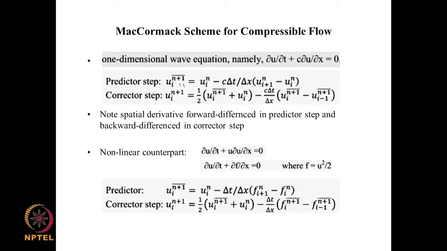Now, the value obtained by this is corrected in the next step as u_i^(n+1) equal to half of u_i^(n+1) bar plus u_i^n minus c delta t by delta x times (u_i^(n+1) bar minus u_(i-1)^(n+1) bar). So, what does it mean here?